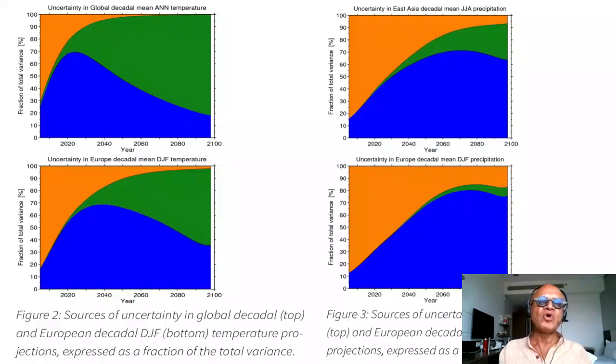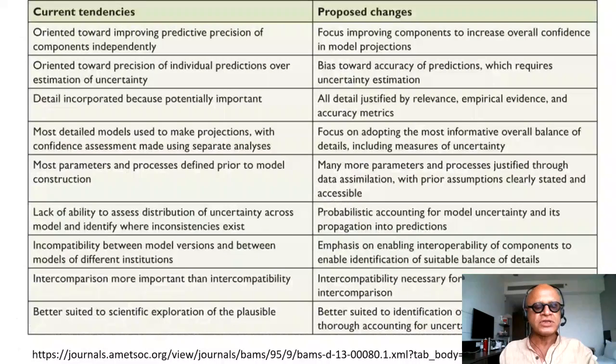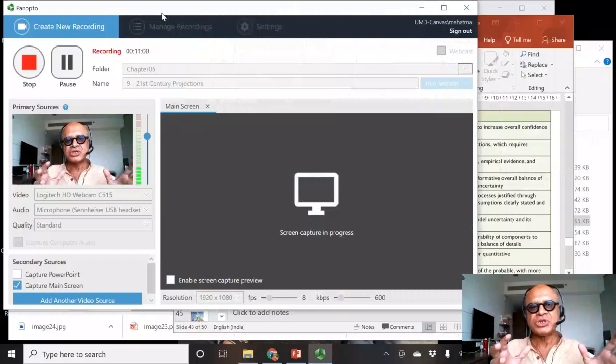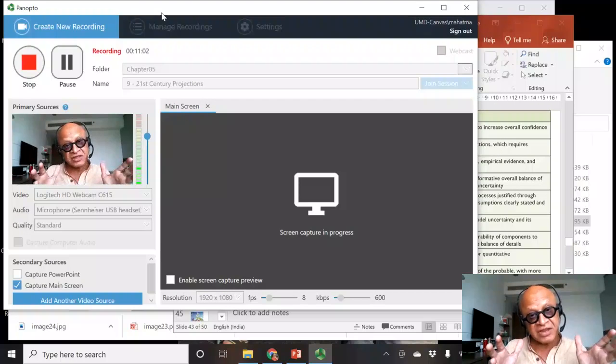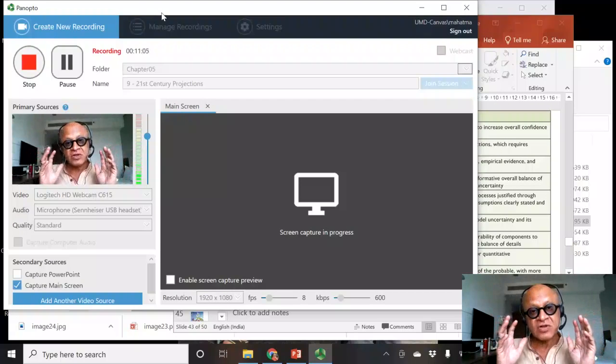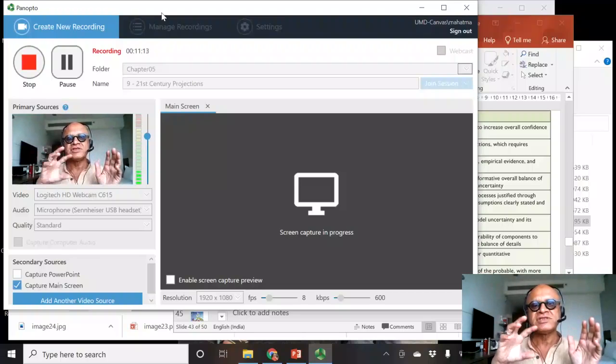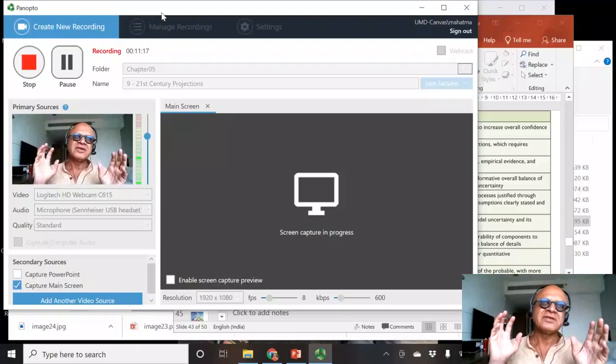So the main point I want to propose here is that the uncertainties are very region dependent, they are season dependent. Internal variability is also seasonal, because in higher latitudes winters are much more variable, which can make it difficult for models to constrain their uncertainties.